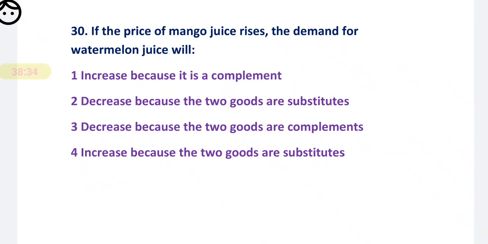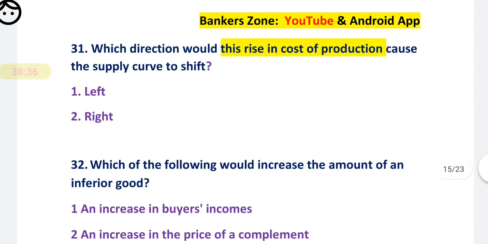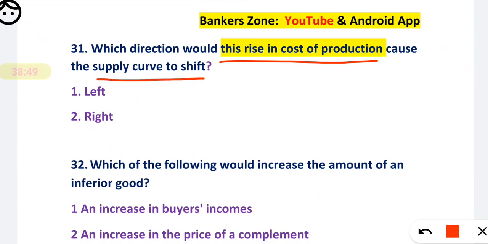Okay, next we are going to discuss question number 31. In which direction would this rise in the cost of production cause the supply curve to shift? That means they are asking, if there is an increase in the cost of production, which direction will the supply curve shift? So friends, see, I have already told you the factors affecting the supply curve.